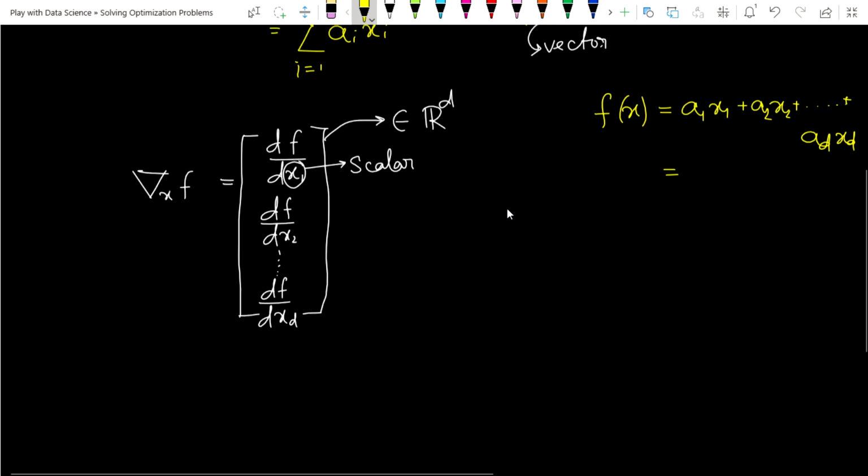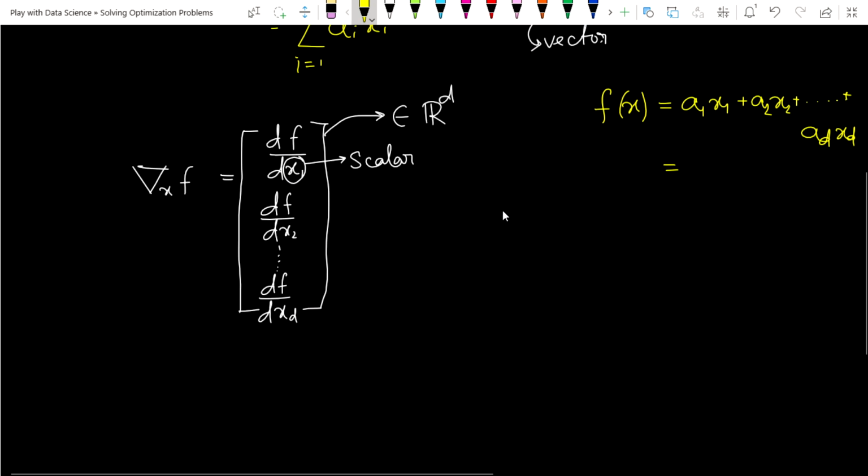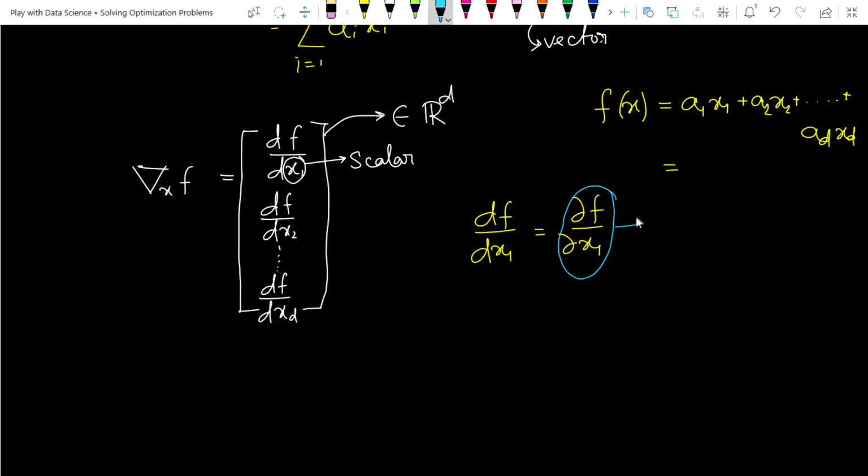So if a function has more than one variable, then this kind of differentiation is denoted by del f by del x1. In another language, this is called partial differentiation. Partially we differentiate the function with respect to one variable x1. This is called partial differentiation.